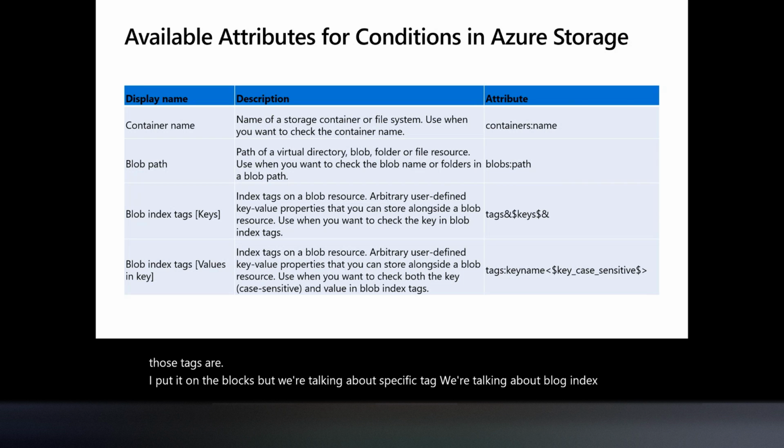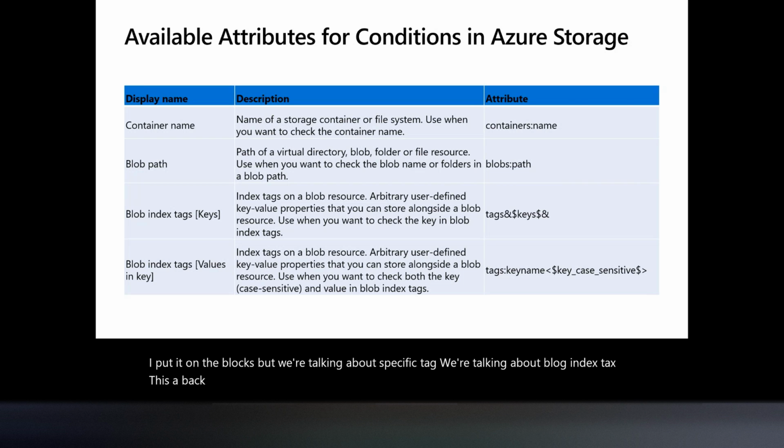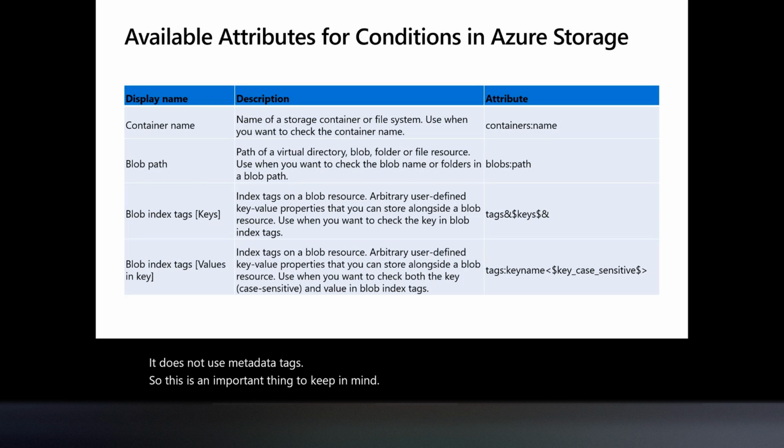This ABAC is driven based on that. It does not use metadata tags. So this is an important thing to keep in mind. It is driven through the blob index tags, keys and values.